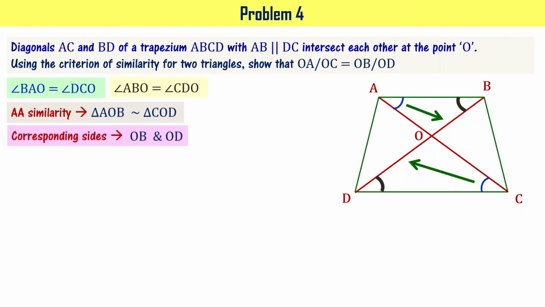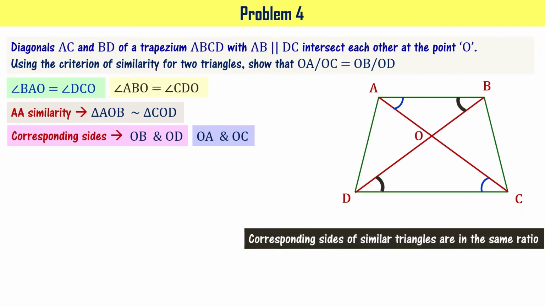It means those two are the corresponding sides. Similarly, for the black color arcs, the sides opposite to those angles are OA and OC. Now let's take the ratio of the corresponding sides because they are the same. We can write OA by OC equal to OB by OD. This is what we were asked to show.